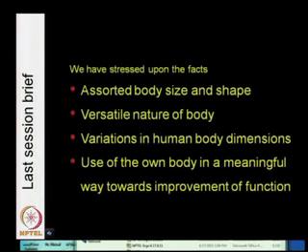So, we have stressed in the last classes that we have assorted body sizes and shapes, we have a versatile nature of body, variations in human body dimensions, all human body dimensions are not the same or similar, and the use of our own body in a meaningful way towards improvement of function, that is for our own benefit.